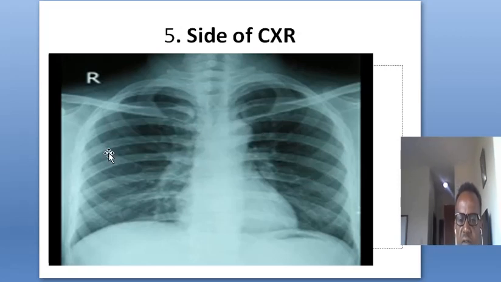The other, when we closely see the lung: because of the anatomy, the right bronchus is wider, straighter and shorter, and the right lung has 3 lobes but the left has 2 lobes.